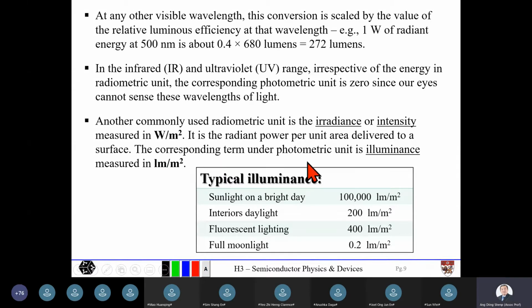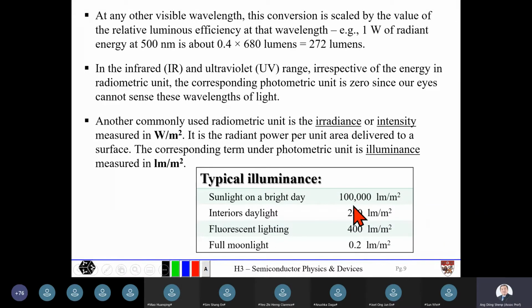The corresponding photometric unit is illuminance, expressed as lumens per meter square. The table below is meant to give you some idea of the lumen scale, of how bright a certain number of lumen per unit area is.